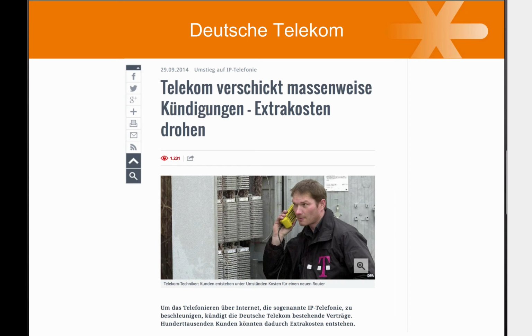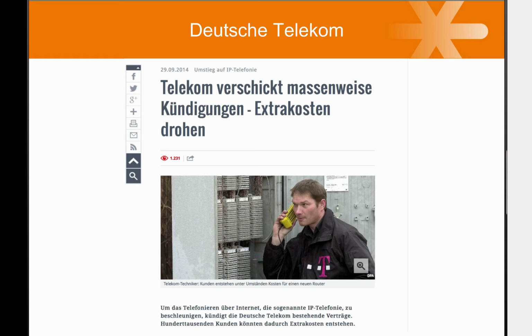This is maybe not readable for all of you, but I just would like to give you this information, why you should definitely pay attention to voice over IP. This is a headline in an internet blog that the German Telekom is sending out contract notices, so they are quitting contracts with people because they want to push them to voice over IP. They have some products called All IP, for example.